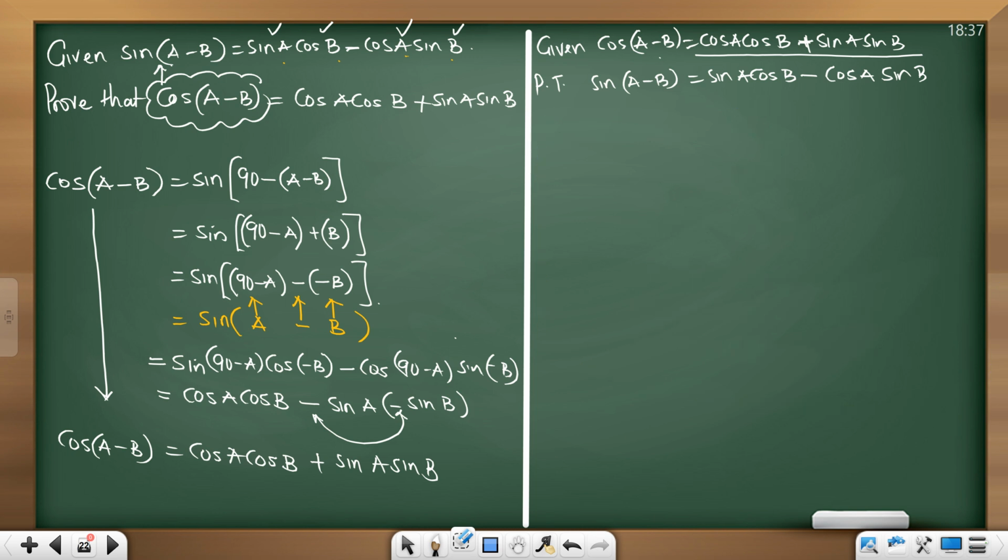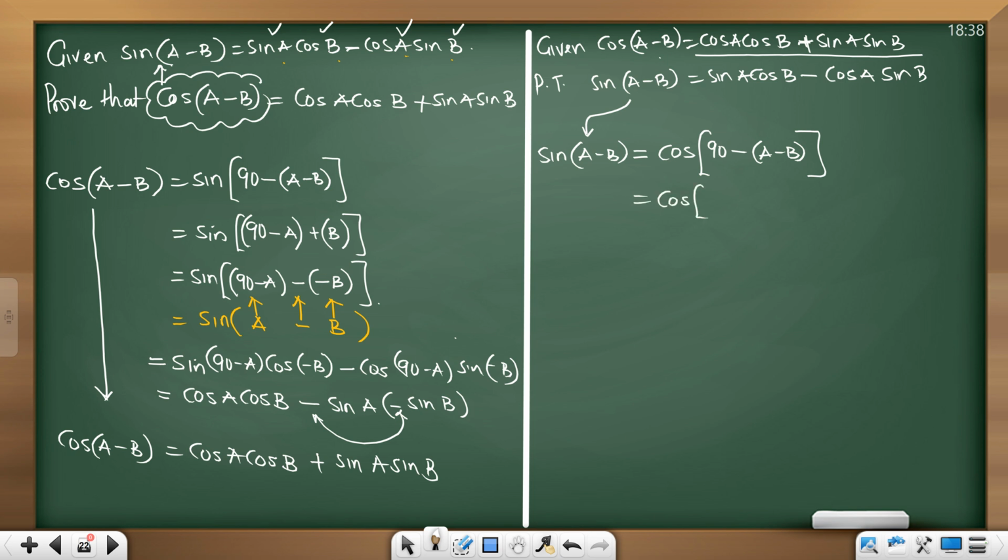Quickly, 1 minute. So I am going to take what I have, which is sine A minus B, but the examiner is giving me cos. So I know that I must change my trig what? Ratio. To change that, what do I do? Cos 90 minus the entire bracket. That's important.